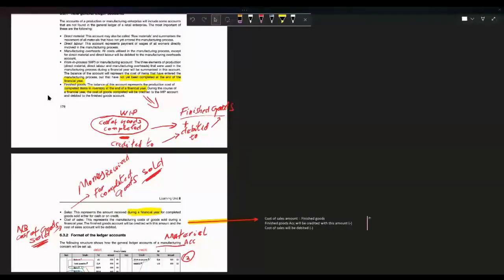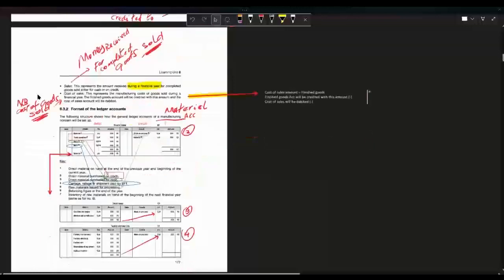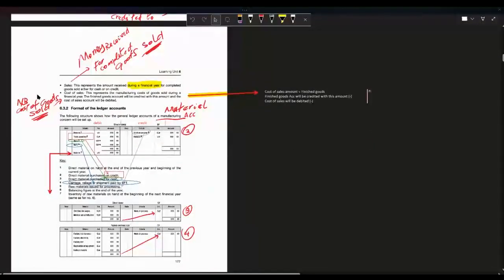You have your sales account. And obviously, if we are talking about a sales account, we need to also balance it with the cost of sales account.